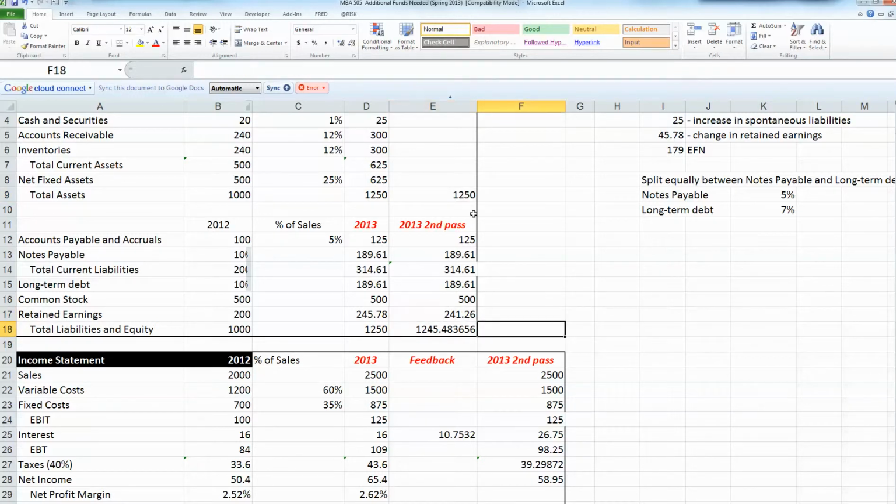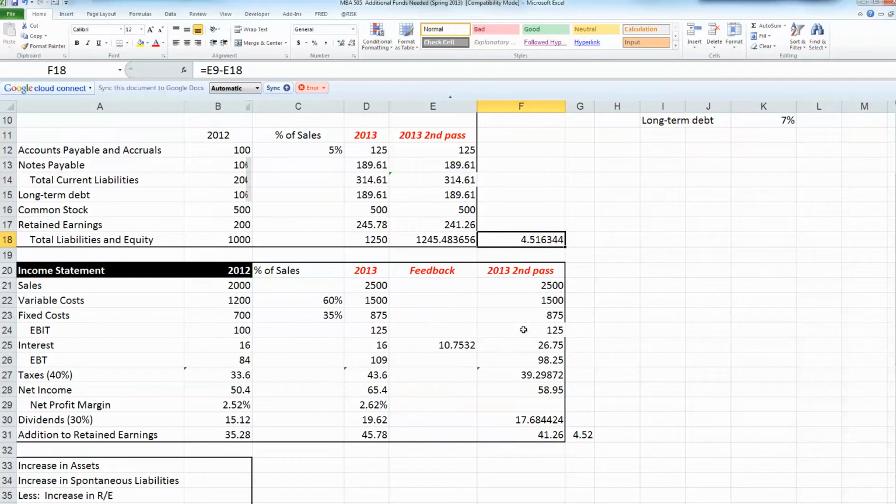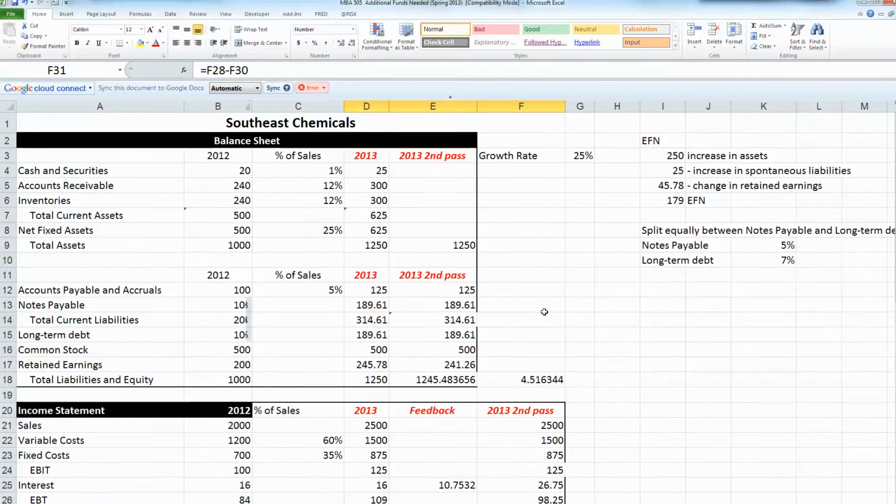Or I could take $12.50 minus this $12.45 and I'll still get 4.52 that I got right there. So essentially, because of the extra interest expense that I received from the feedback, it means my retained earnings are going to be 4.52 smaller than I'd originally thought.